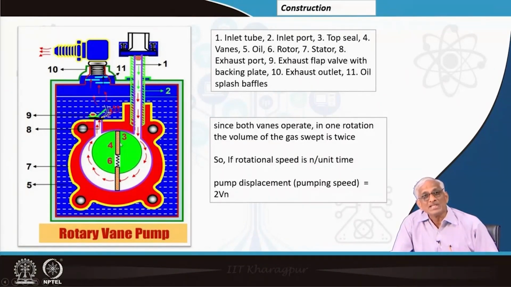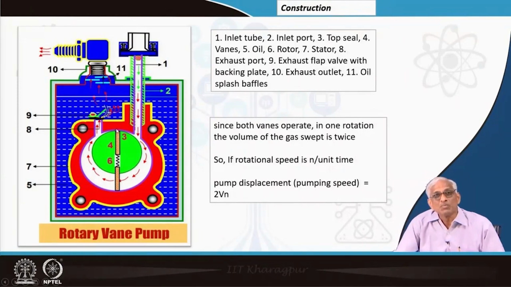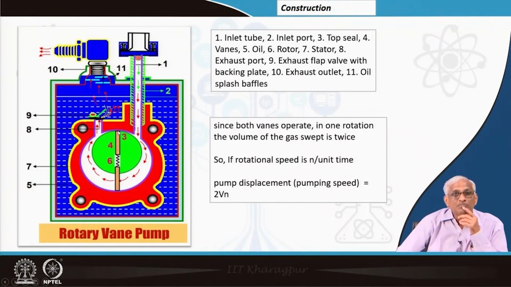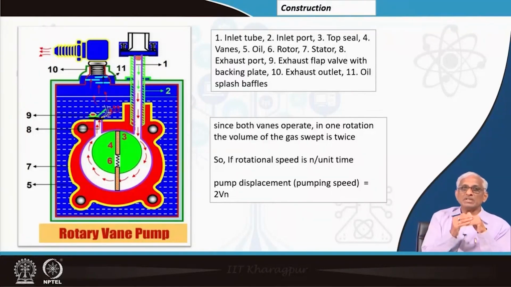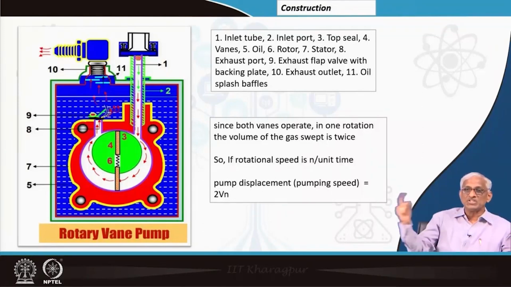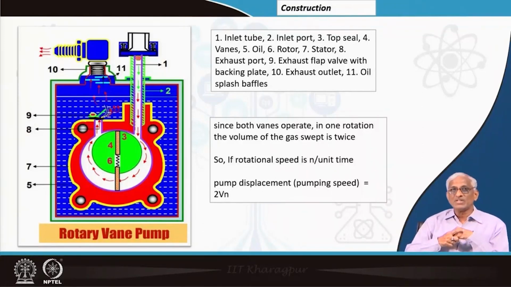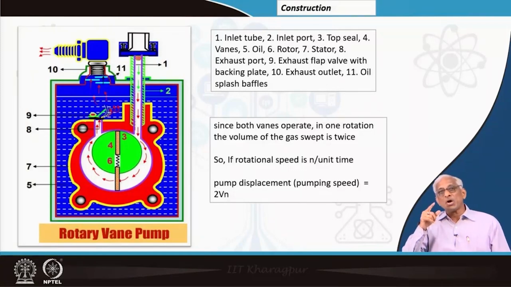And on top, it is eccentrically situated with a small micron gap. That gap will be filled during the running condition by the lubricating oil, and in a very fine gap, even though lubricating oil is a liquid, it will have enough energy to withstand the pressure drop. That is why it is called top seal.